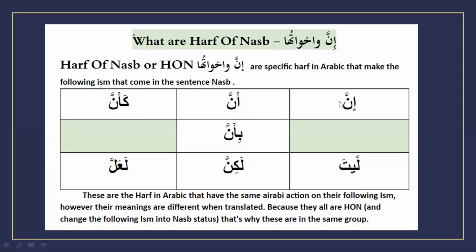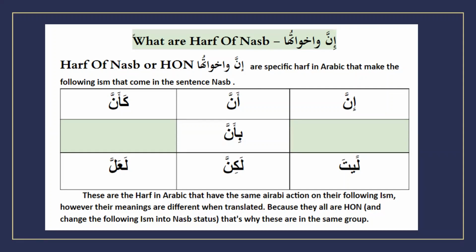These are the harf of nasb, and in conventional Arabic terms, this whole group is called inna wa akhwat, inna and her sisters. All letters, all harf in Arabic, are feminine. We learned this when we learned gender, because the Arabs said so.